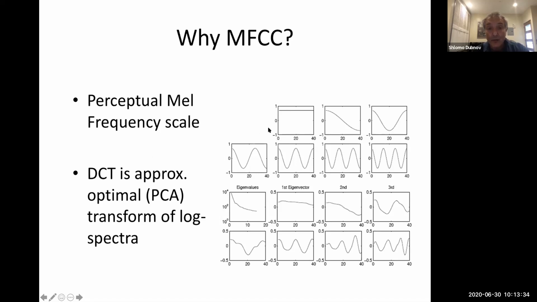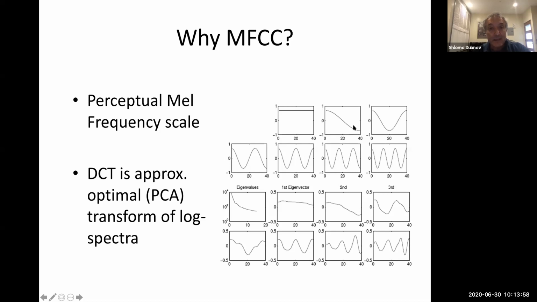If we go through the MFCC and think about them as our waveforms, we can see that they actually start matching so-called principal components, which is an optimal transform. So for those who have heard about PCA, this slide makes sense. For those who did not, just remember that we'll go back to this.